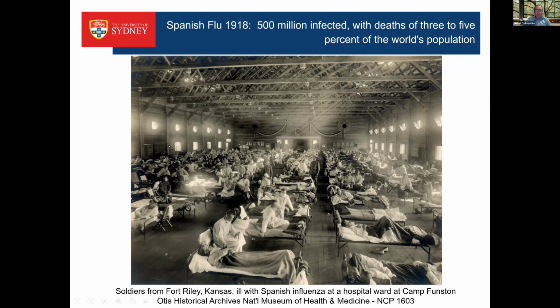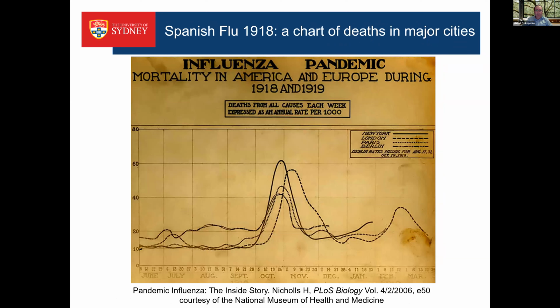And what I want to show next is a plot comparing a few major cities, New York, London, Paris, and Berlin, in terms of fatalities across 1918 and 1919. And you see what now is a well-recognized epidemic curve signature, with a very quick onset, exponential rise, a well-formed peak, and a decline, which is as rapid, with some interesting kinks.